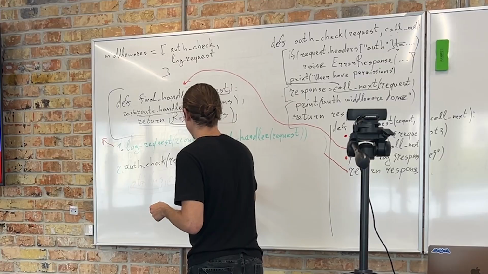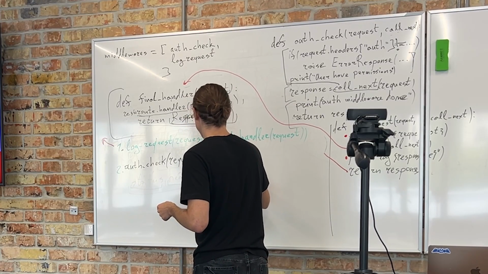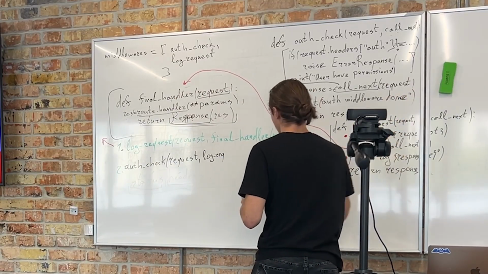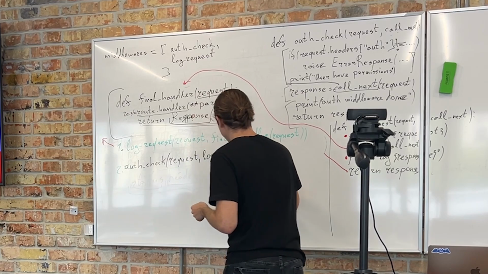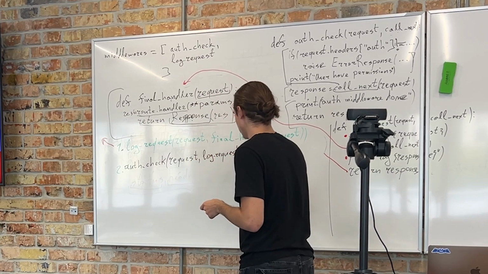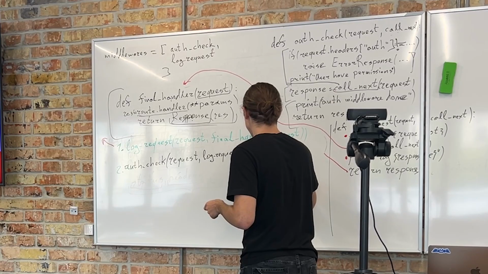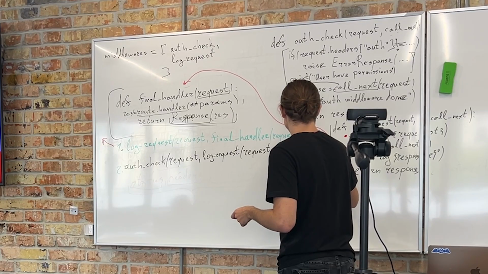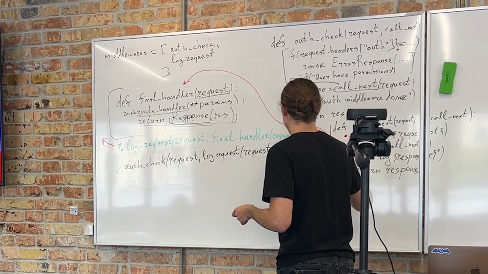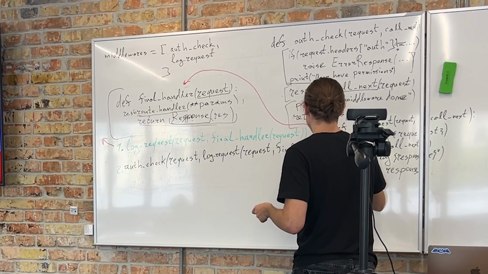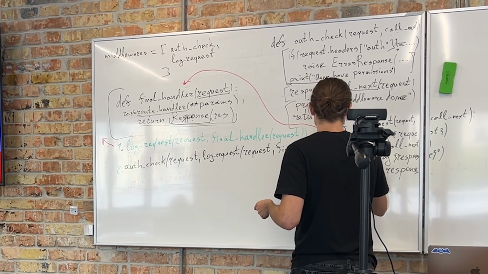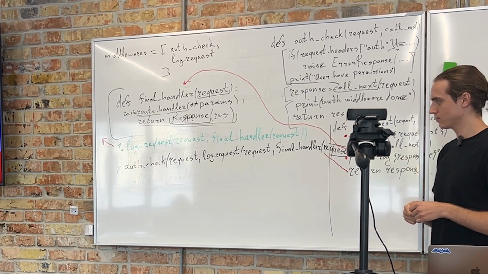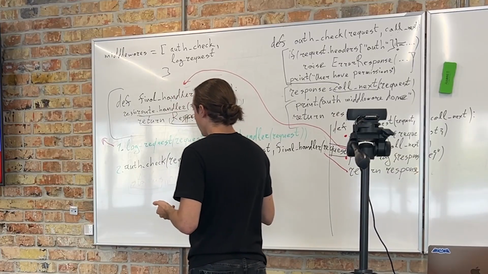Log request that has as a parameter request and final handler that has as a parameter request. Stuff like this. And how will it work?